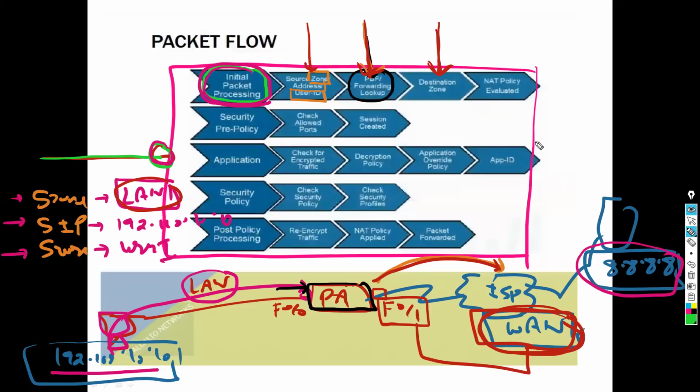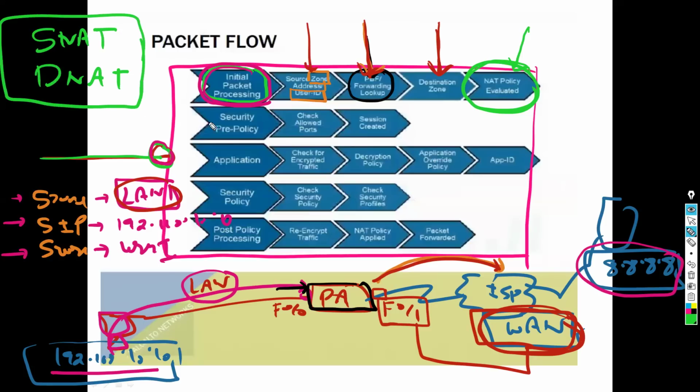And if traffic is traveling from one zone to another zone, then the firewall will check, is there any NAT policy available? Traffic is traveling from a private network to a public network. In Palo Alto, we have two types of NAT, source NAT and destination NAT.